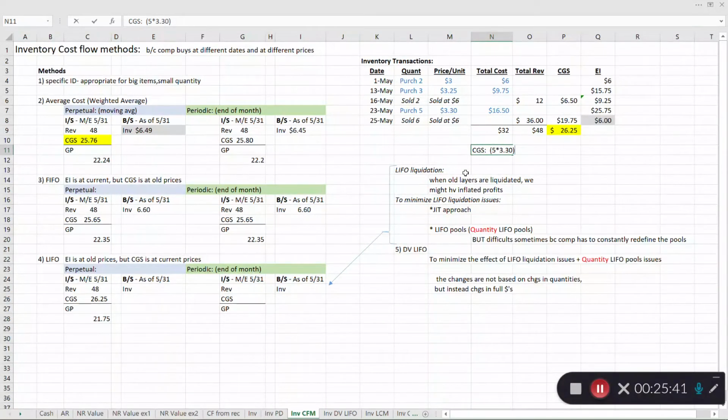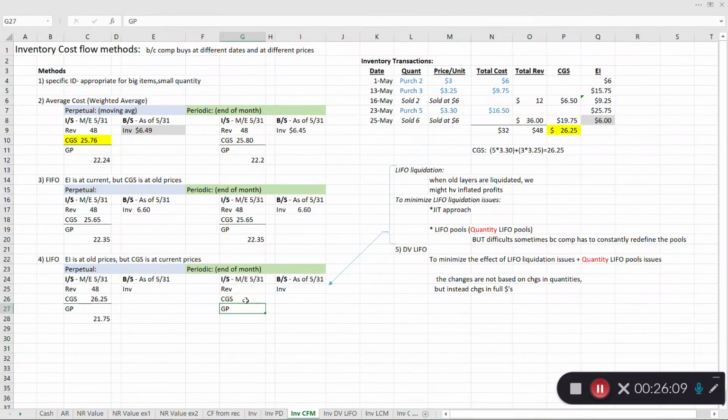5 at 330 plus, so we need to account for 8 that were sold. So far I have 5, and now I need 3 of these. So that's going to be 3 at 325, and that will give us 2625, which is the same as this 2625 when we use the perpetual inventory system.